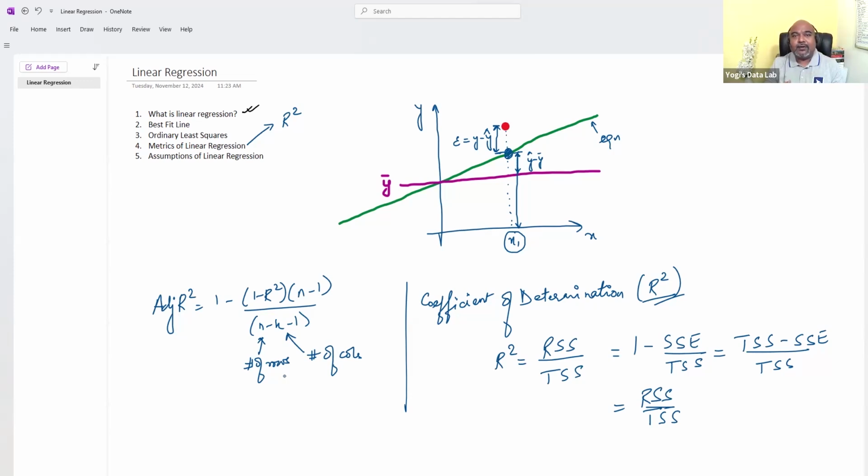Now, what is the benefit of this? Adjusted R square penalizes the unnecessary use of columns in the data, which can cause overfitting and give you absurd results. So adjusted R square and R square both can be used in combination to determine the quality of a model, where we'll always want adjusted R square and R square to be close by. So you can say that adjusted R square and R square are the metrics which tell the quality of a model.